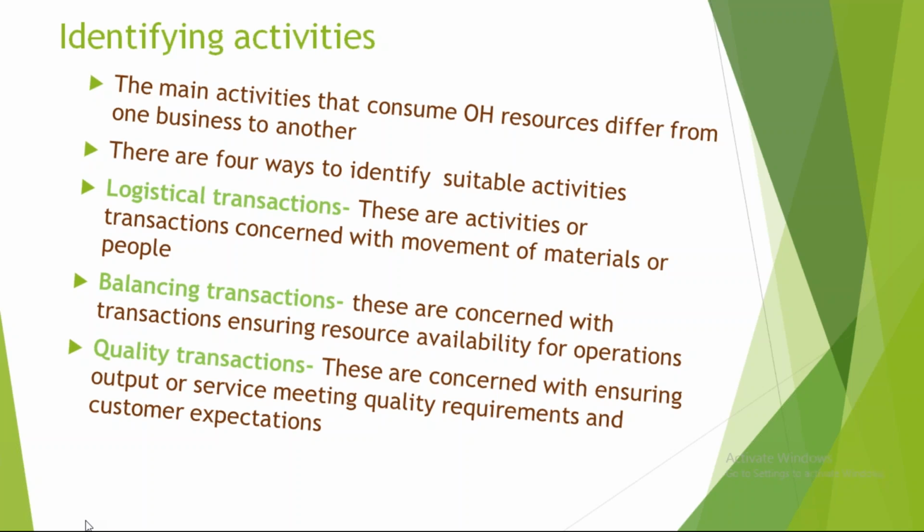So whatever the cost that we incur for quality inspections could be considered as an activity. Right? So remember in your P1, P2, you would have done something called prevention cost, appraisal cost, internal failure cost, external failure cost, all related to quality. So that's another way of identifying an activity.